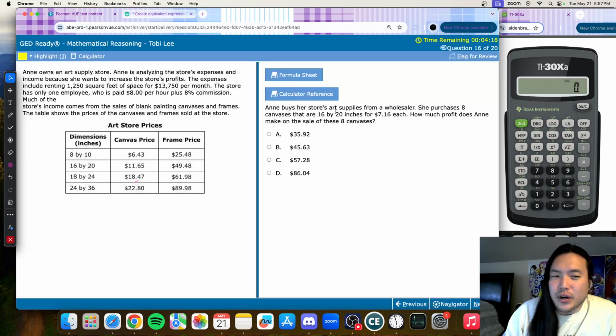Anne buys her store's art supplies from a wholesaler. She purchases 8 canvases that are 16 by 20 inches for $7.16 each. How much profit does Anne make on the sale of these 8 canvases?